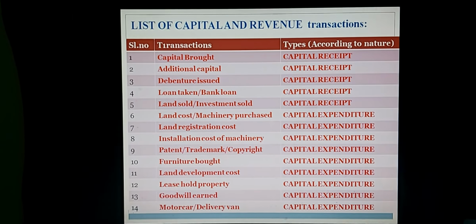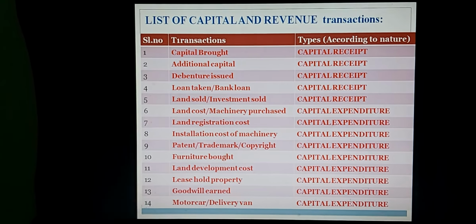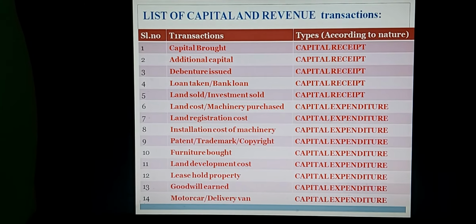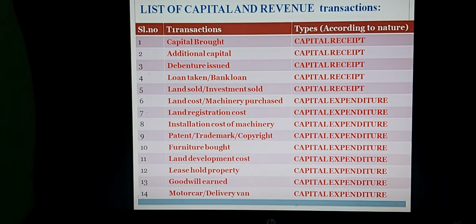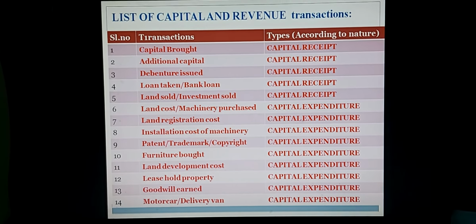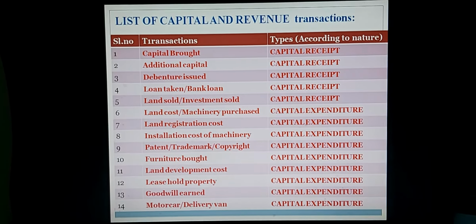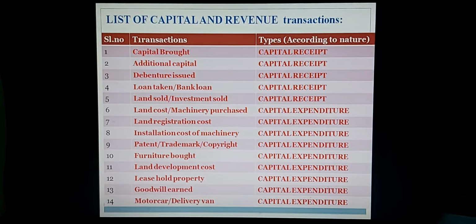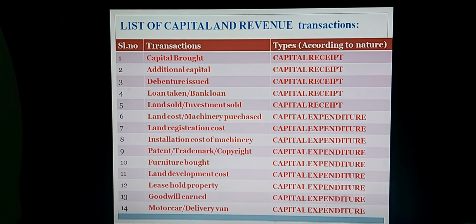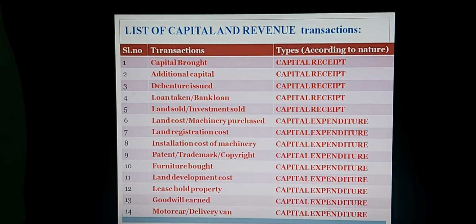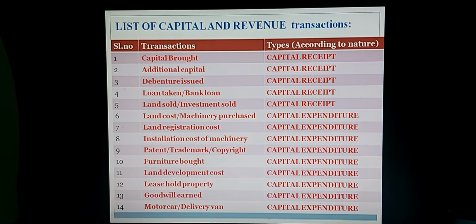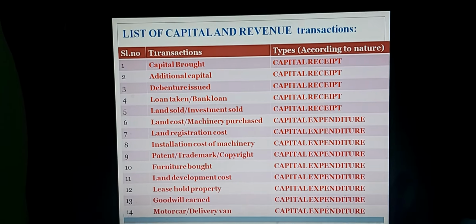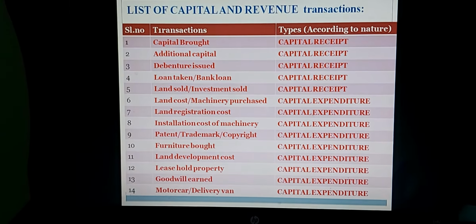Next one, goodwill earned. Goodwill is one kind of fixed asset. We know from the above information that when any asset is earned or acquired or purchased, then it is related to capital expenditure. Next one, motor car, delivery van, or any other fixed asset. What type of transaction?